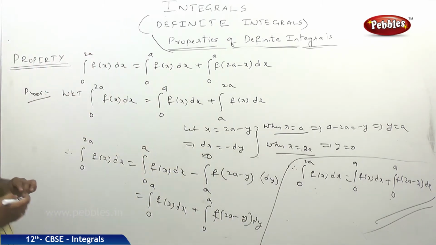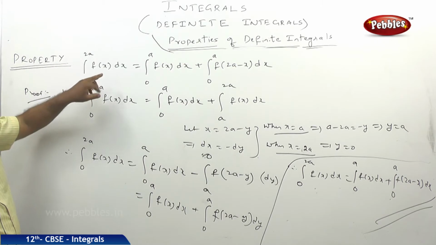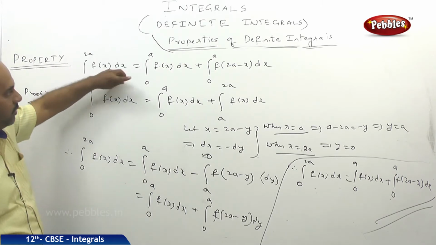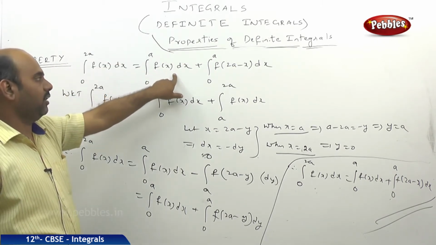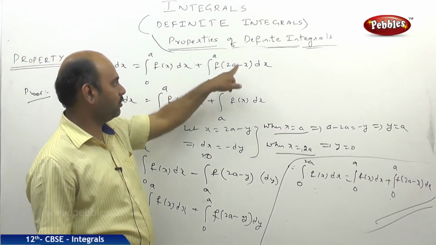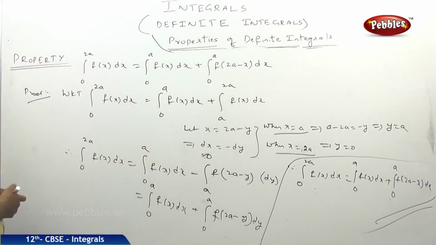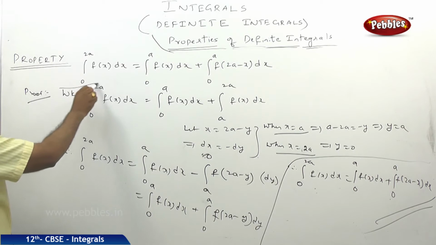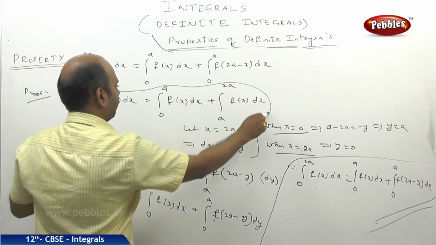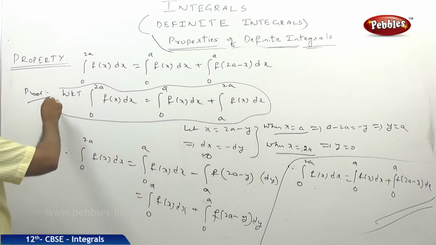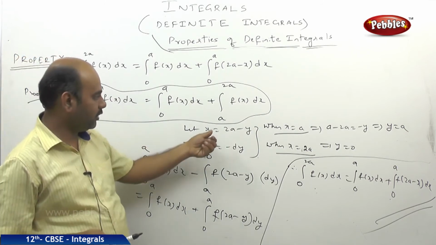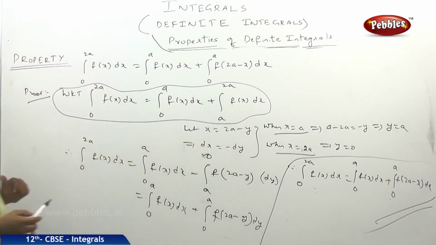What is the property? Once again I am telling, integral 0 to 2a f of x dx is equal to integral 0 to a f of x dx plus integral 0 to a f of 2a minus x dx. You should remember this particular property. Breaking up is very important. After breaking is done, we need to put x is equal to 2a minus y, and the rest is the same.